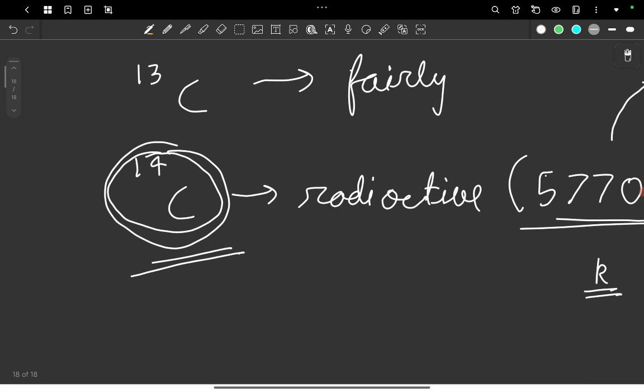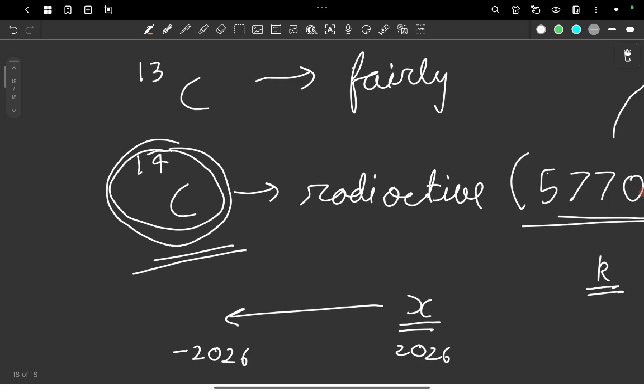If its concentration is X right now in 2026, what was its concentration many years ago, let's say 2026 BC?